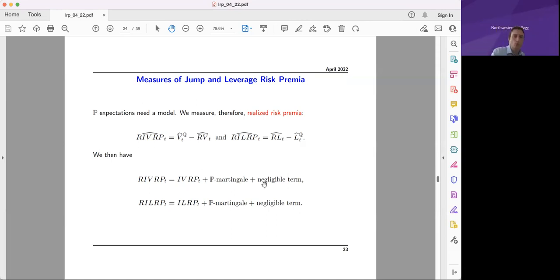When I do that, an extra P martingale term pops in, but given how predictable volatility is, you would expect that term is not that big. In any case, the increments of that term are unpredictable, so it's really not going to affect much of what I'm going to say here. You can do exactly the same thing for the leverage effect. It's just realized leverage risk and the leverage effect estimator.